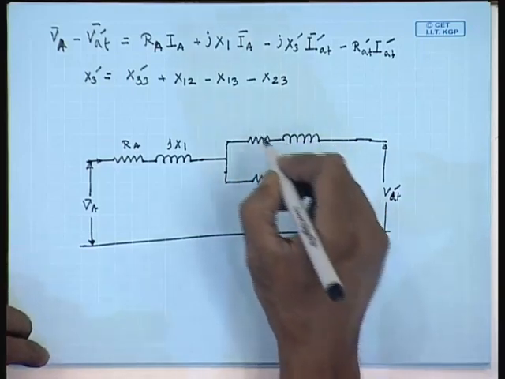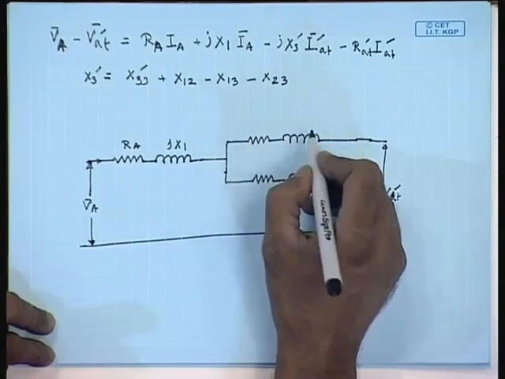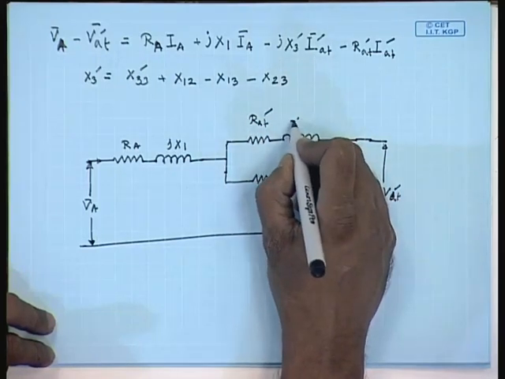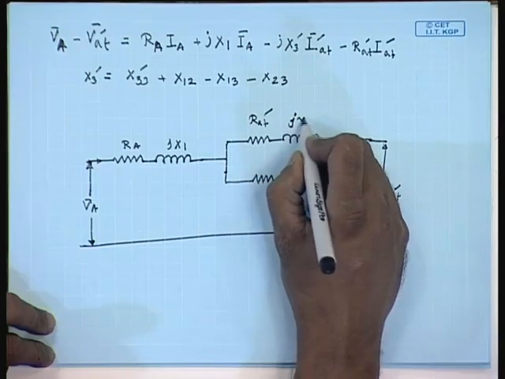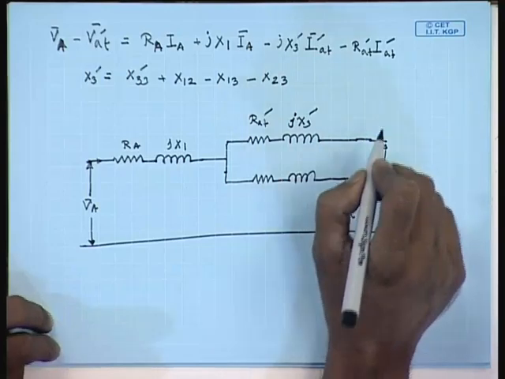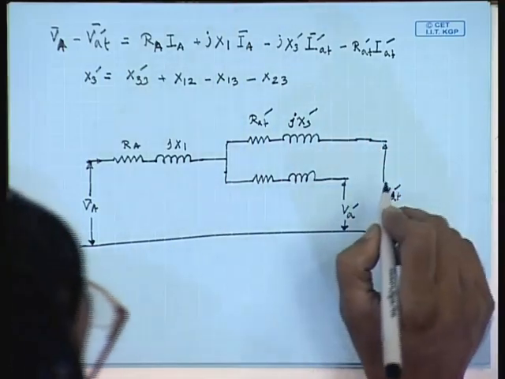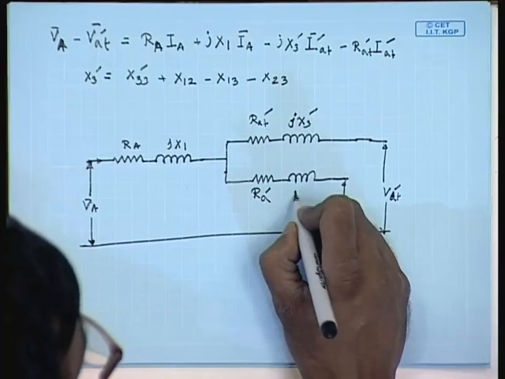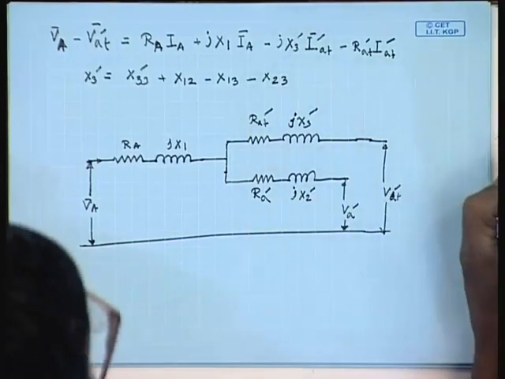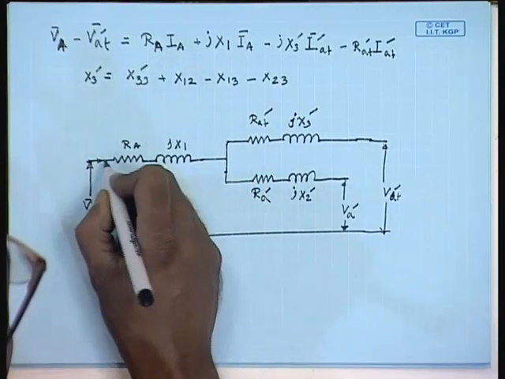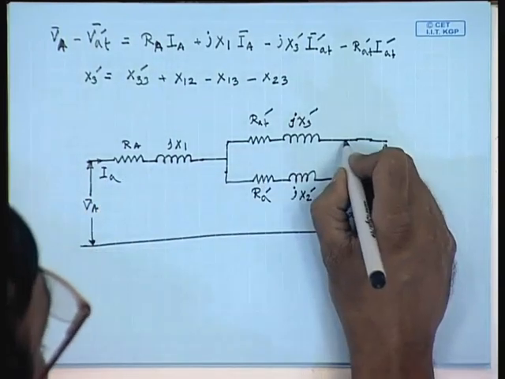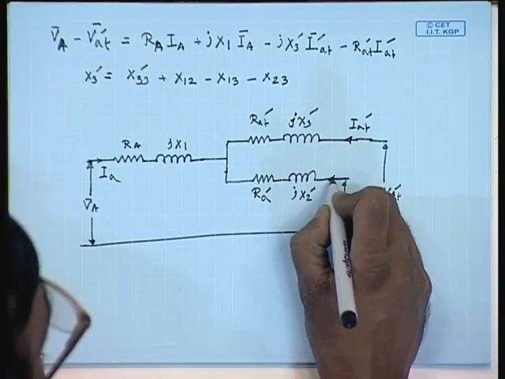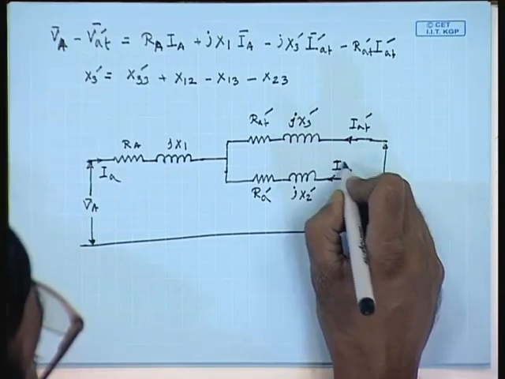Hence, this impedance is R A T dash, this is j x3 dash, this is R A dash, this is j x2 dash. Current flowing into this circuit is I A, current flowing into this circuit is I A T dash, and the current flowing into this circuit is I A dash.